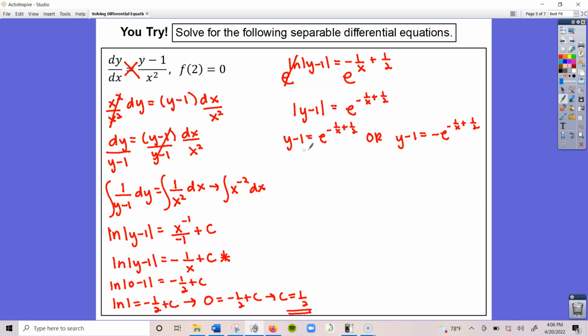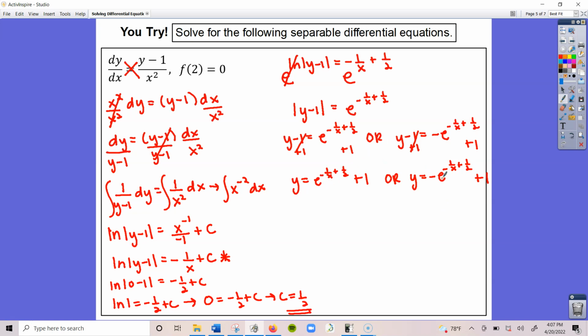So now the last step would be to add 1 to both sides of this equation. So I have y is either e to the negative 1 over x plus 1/2 plus 1, or y is equal to negative e raised to the negative 1 over x plus 1/2 plus 1.